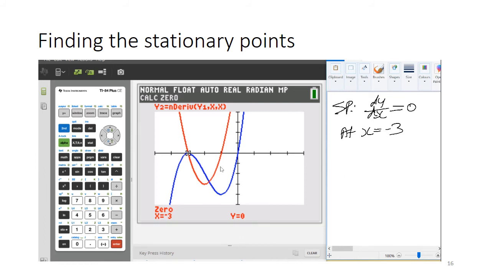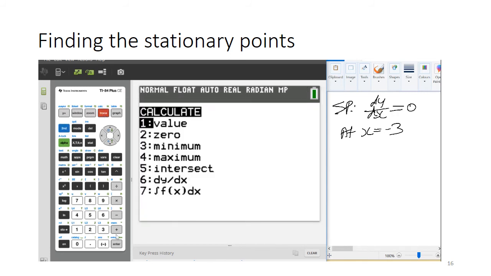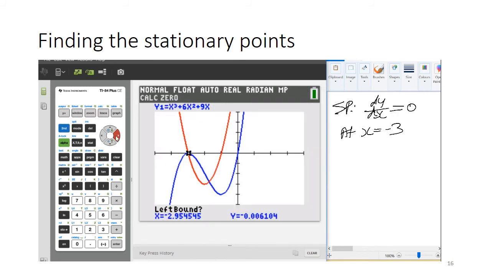All right, let's find the x coordinate for this point as well. Second, calc. Go to zero. I would make sure I'm looking at the red function. Okay, I'll go to the left of the point and the right of the point and have a guess.